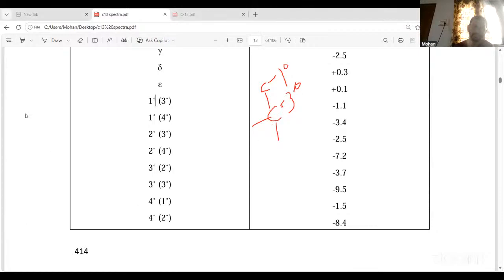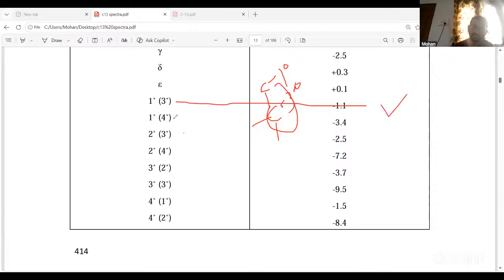So this is considered as tertiary. When the primary carbon is attached to the tertiary carbon, the value is taken as minus 1.1.